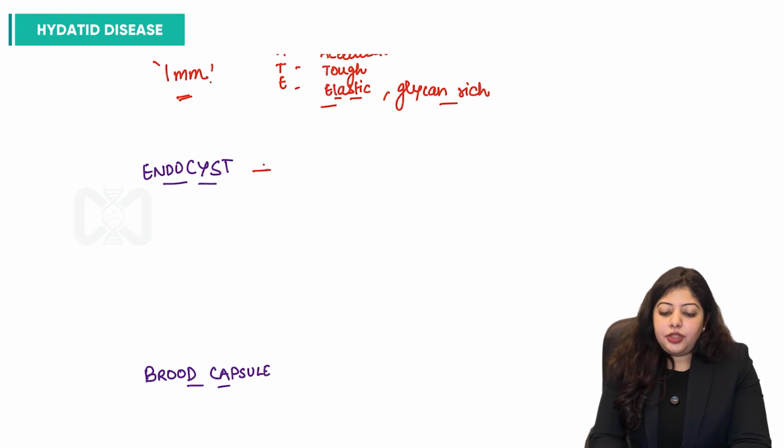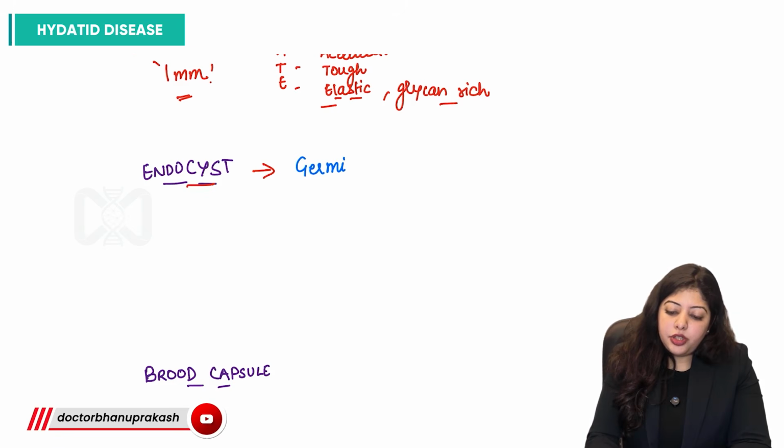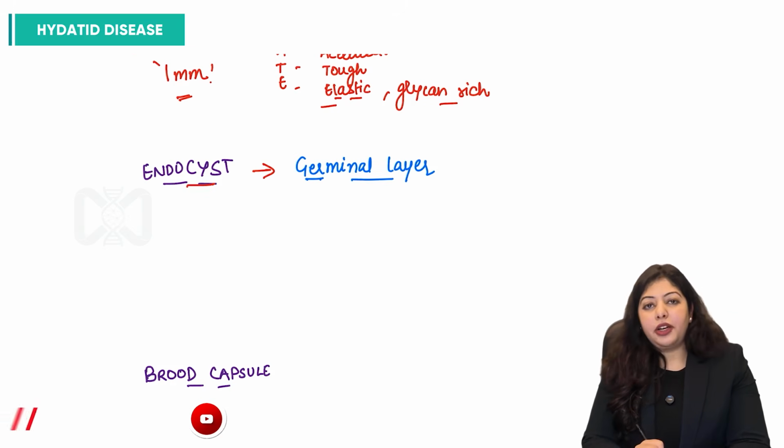Now this endocyst is also known as the germinal layer. This is the germinal layer, and it has two functions.